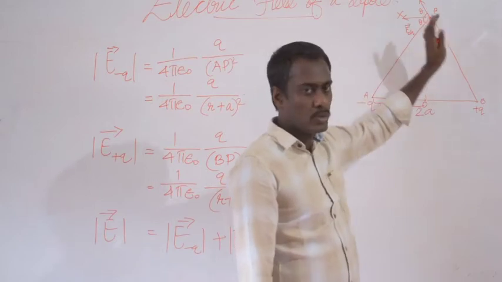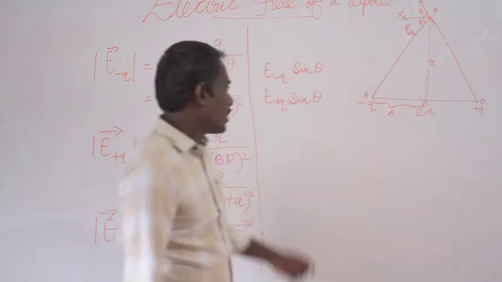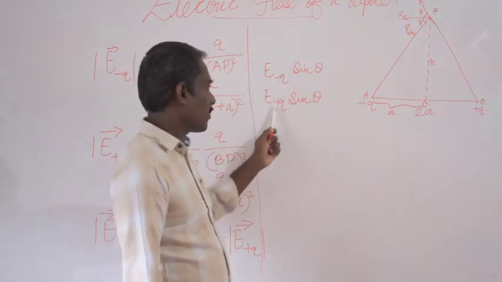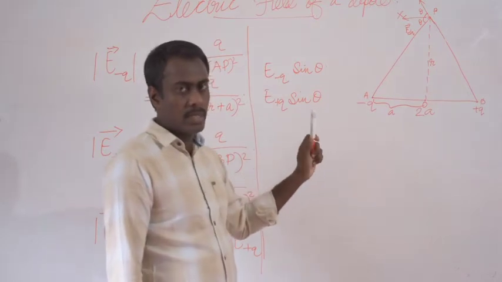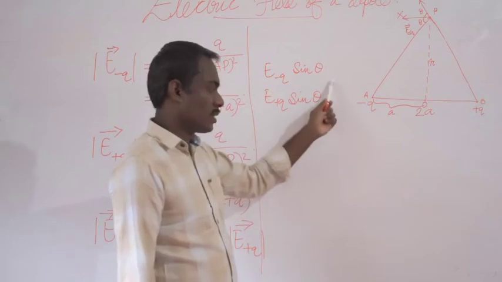From this figure we can understand that these two components have equal magnitude but are mutually opposite in direction, so they just balance each other.